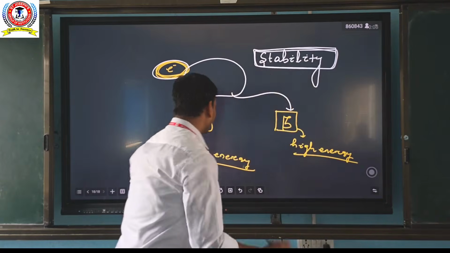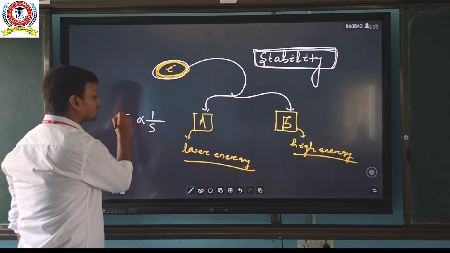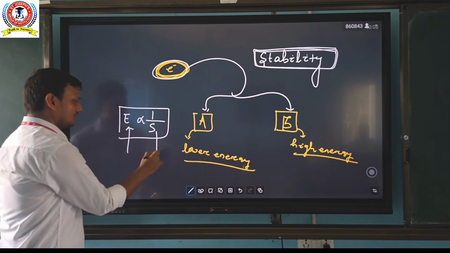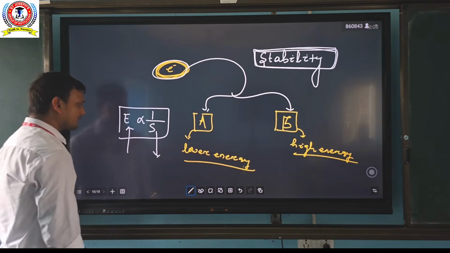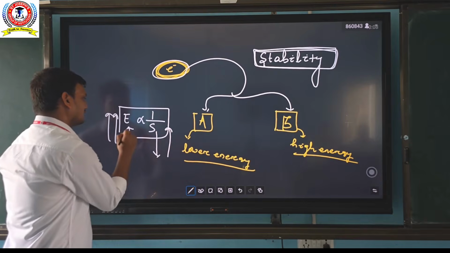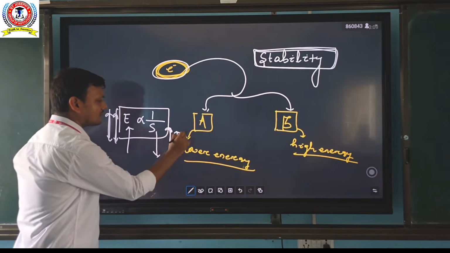Here we know that energy is inversely proportional to stability. Whoever has higher energy has lower stability, and whoever has lower energy has higher stability.